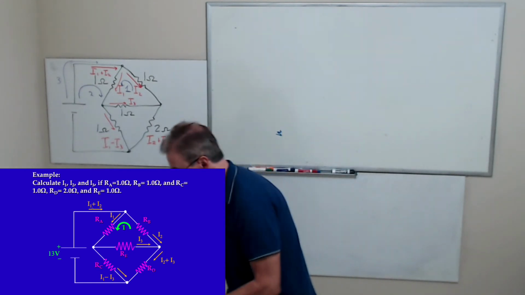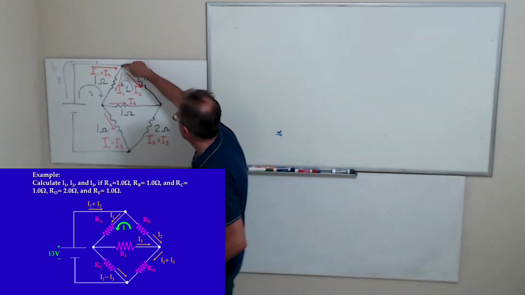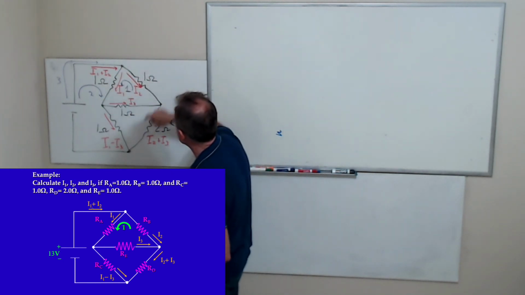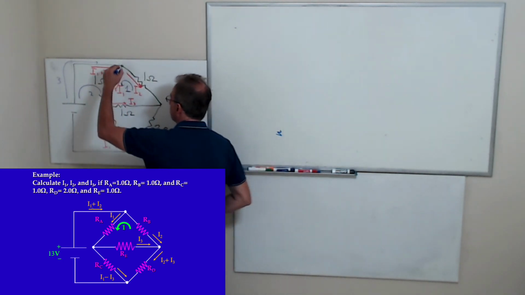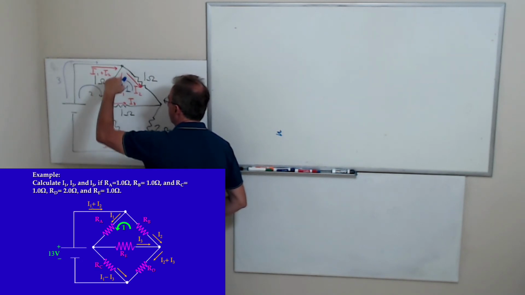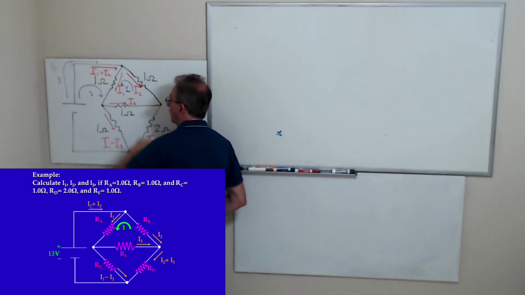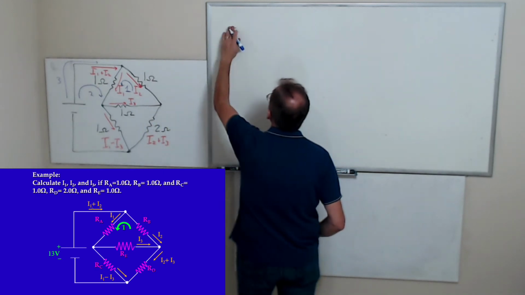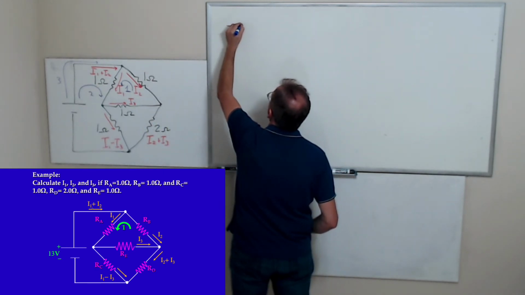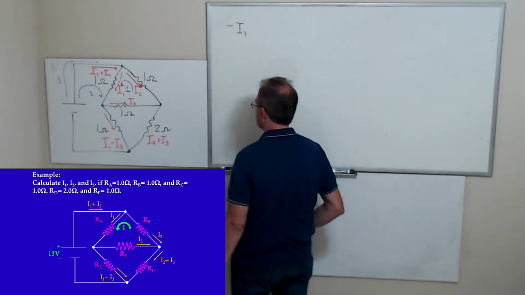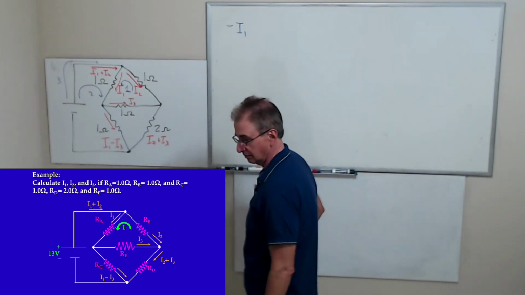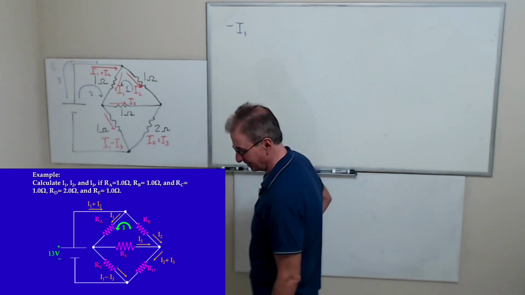So I'm going to start here and go counterclockwise. So if I go down this way, this is 1 ohm, I have I1, I'm summing in the direction of the current. I have minus I1 times 1, okay?